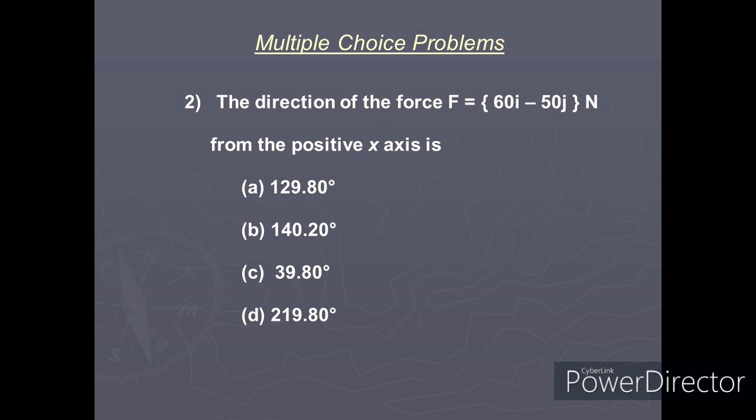Good. Because it is F that has a component here and here. The direction. The sense of F. The sense. And theta. The direction of F. Okay. Done? What is it?